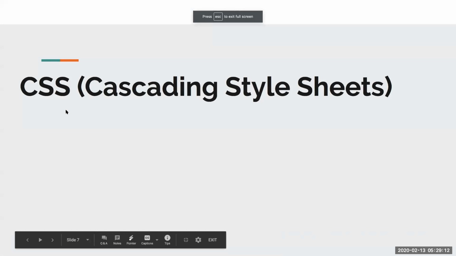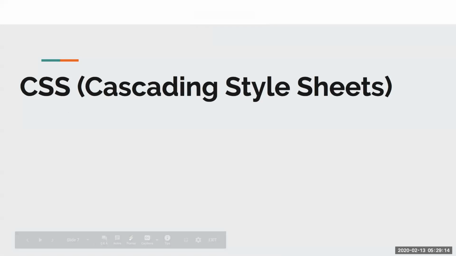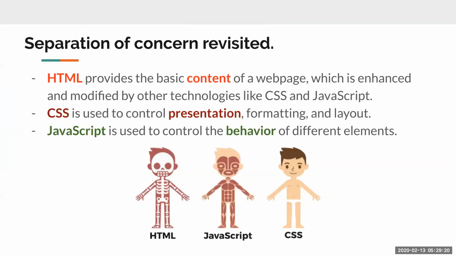So now we're going to learn CSS, which stands for Cascading Style Sheets. Remember this separation of concerns. In the context of front-end web programming, we have three concerns. The first one is content, which is done by HTML code.